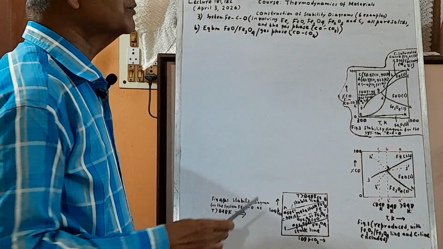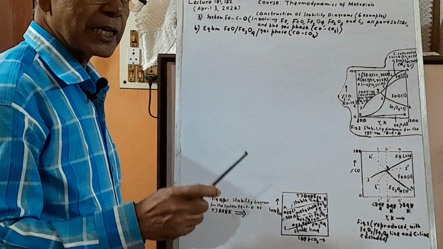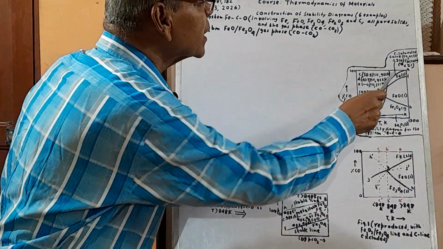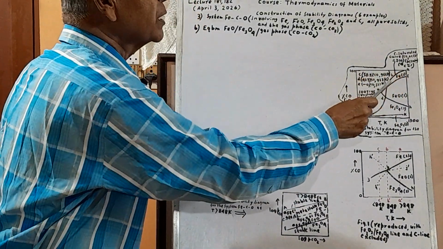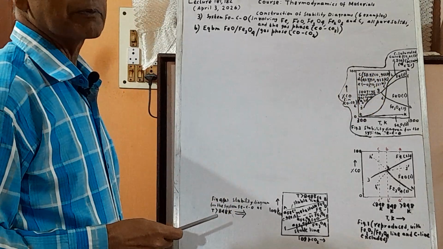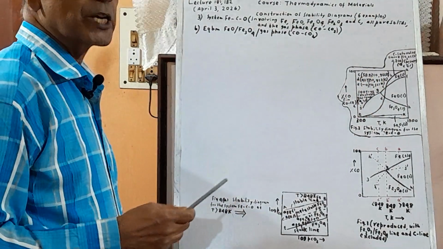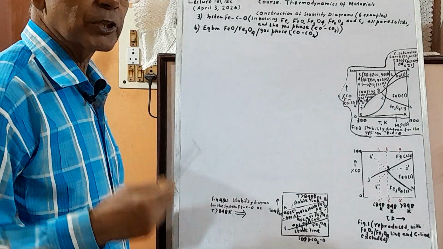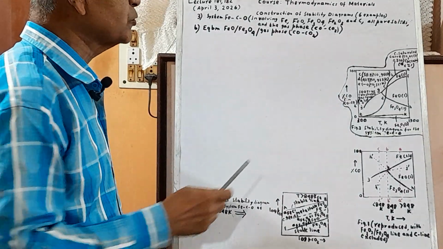This is the carbon saturation curve, means activity of carbon is 1. Not only that, we should specify the pressure, because this is a pressure dependent curve. So pressure of 1 atmosphere, P is 1 atmosphere. Activity of carbon is 1, which we speak of in terms of saturation, the carbon saturated curve.